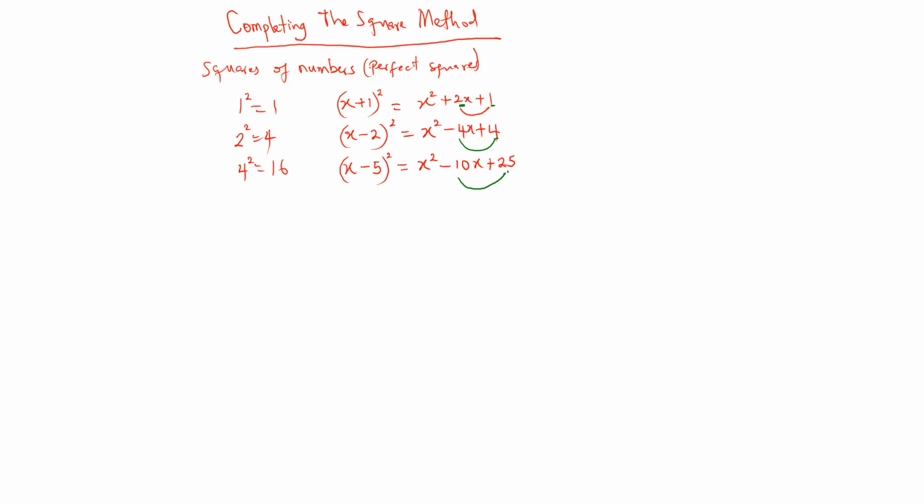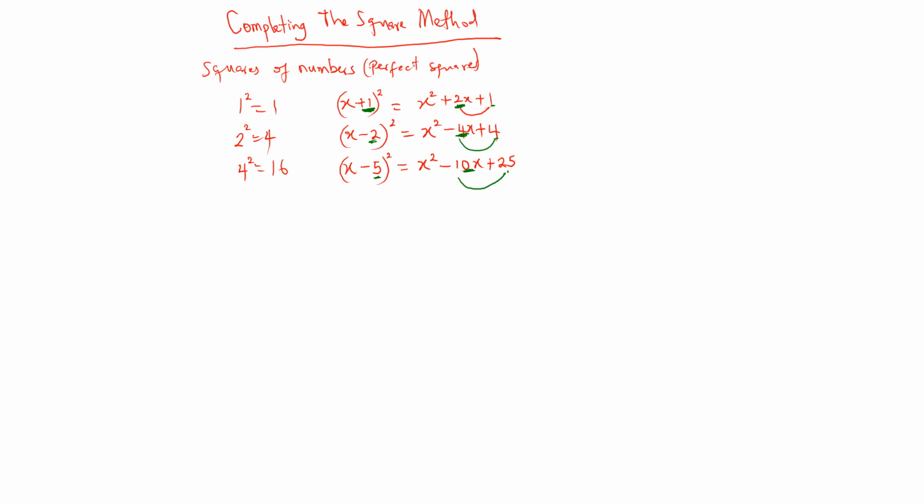We also realize that half of the middle term is what you have in the second part of the binomial. Half of minus 4 is minus 2, which is what you have here. Half of minus 10 is what you can see here, and that is how you establish the relationship in the results of a perfect square.